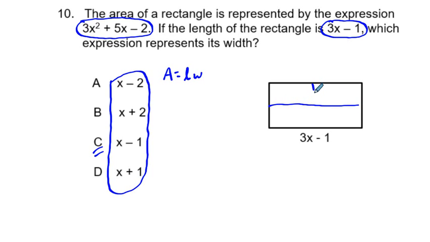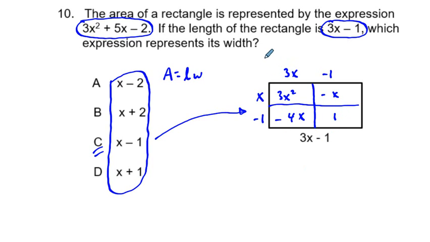I'm going to pretend our length is going to be 3x minus 1, so I'm going to put 3x minus 1, and let's try answer choice C. We're going to put x minus 1 here and multiply these together, so we get 3x squared minus x minus 4x, 3x times negative 1, and then plus 1.